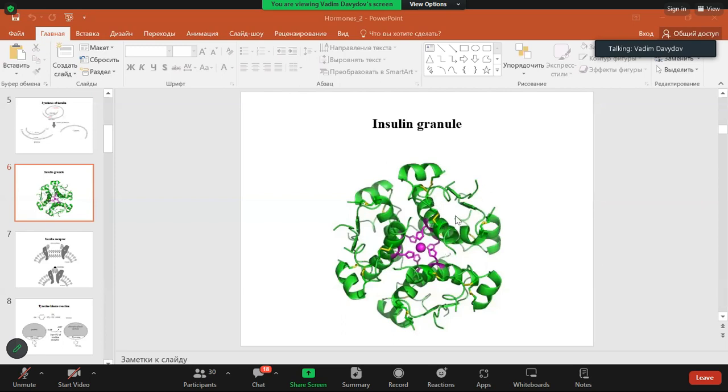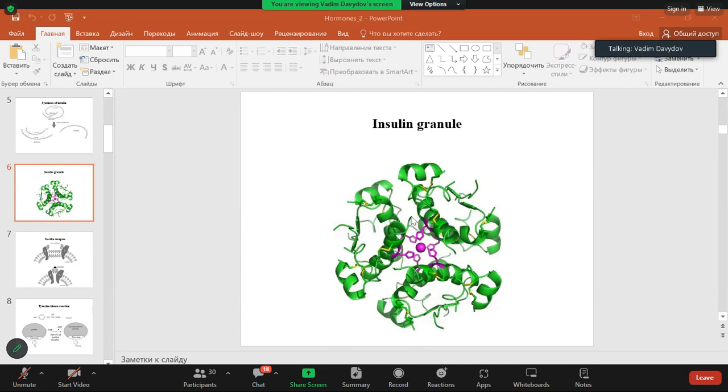My dear colleagues, please note, regulation of secretion of insulin is very important too. Epinephrine interacts with the so-called alpha-2 adrenergic receptor on the membrane of the beta cell, resulting in decreased secretion of insulin.